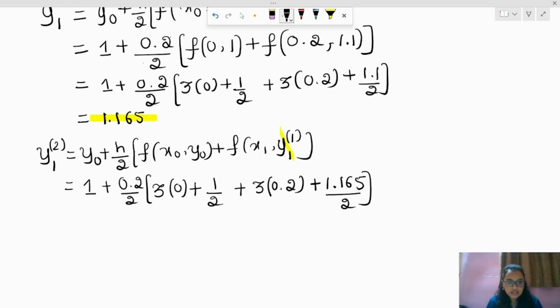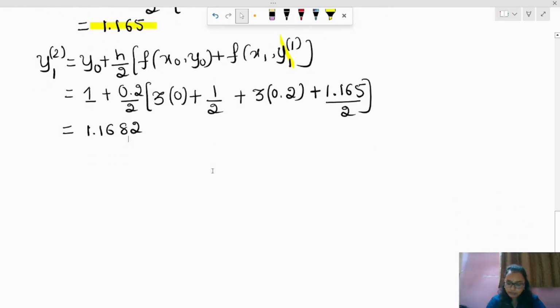This calculated solution we get as 1.1682. You have to compare this y1 at second approximation with the previously obtained approximation. You have to compare at least for 3 decimals.